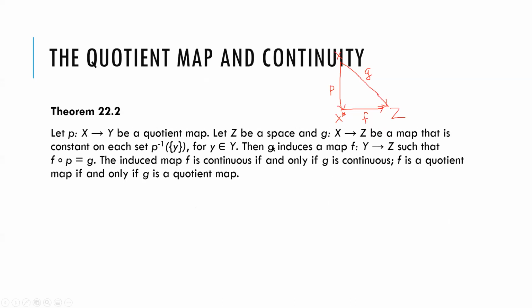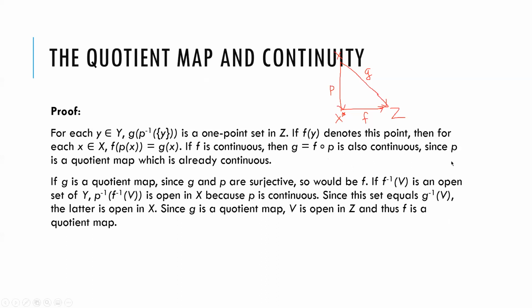use the condition in Theorem 22.2? This G has the property that G is a map that is consistent on each set, the preimage of a single element belongs to 1.